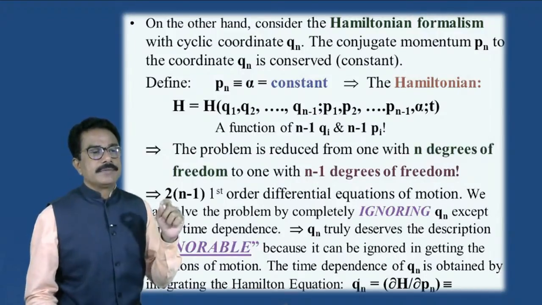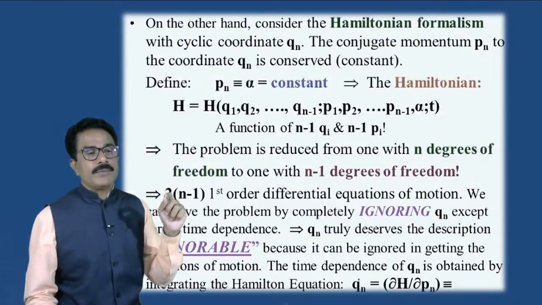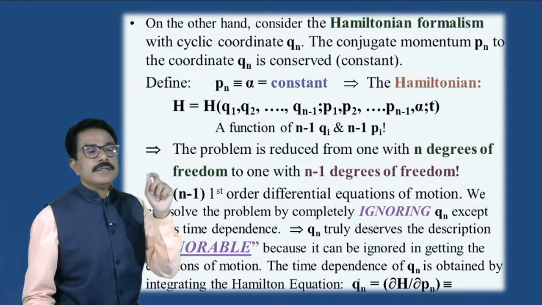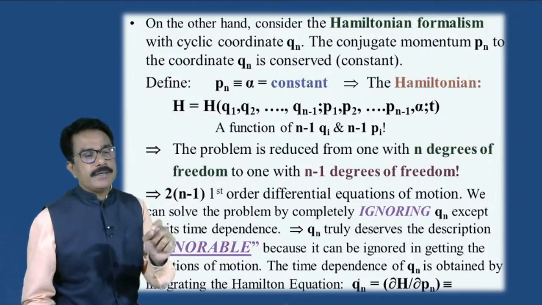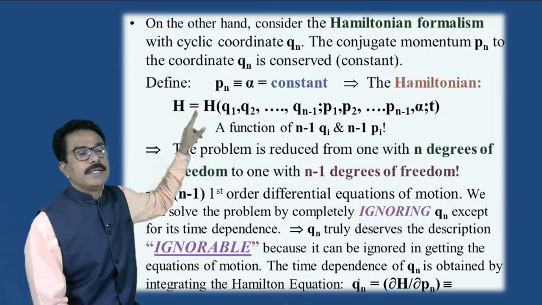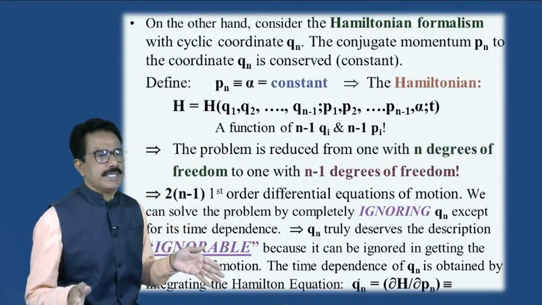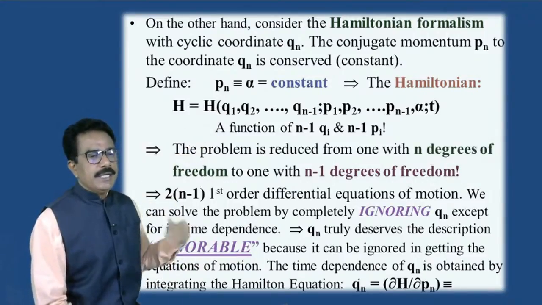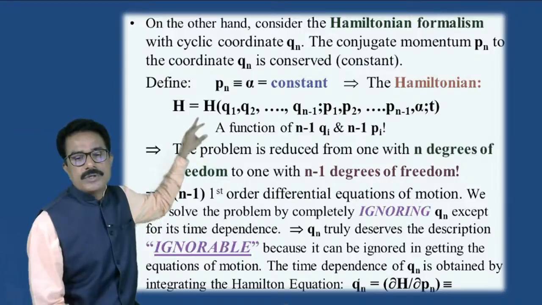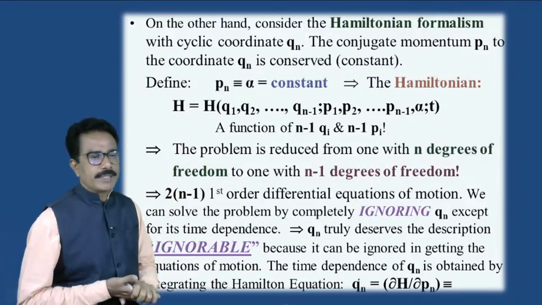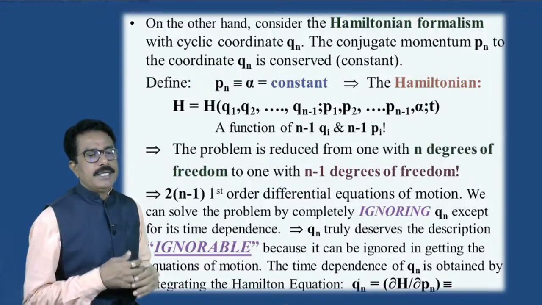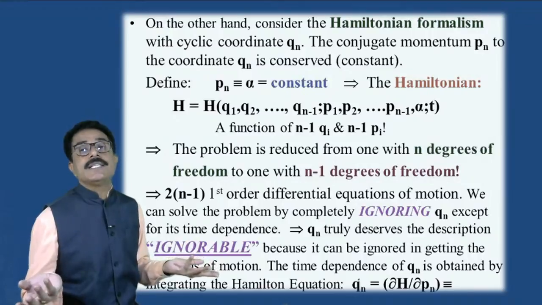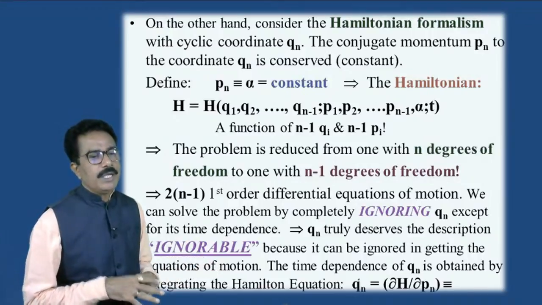Next, note number 4. On the other hand, consider the Hamiltonian formalism with the cyclic coordinate qn. The conjugate momentum pn to the coordinate qn is conserved, that is, a constant. We define pn equals alpha, which is a constant. Then we get the Hamiltonian H equals H of q1, q2, q3 up to q(n minus 1), similarly p1, p2 up to p(n minus 1), alpha, t, because pn is a constant so its derivative will be 0.